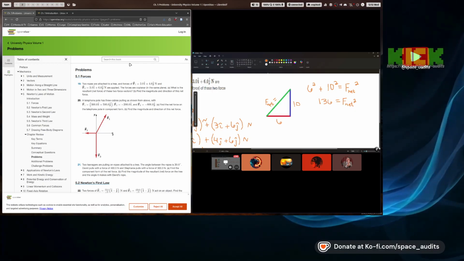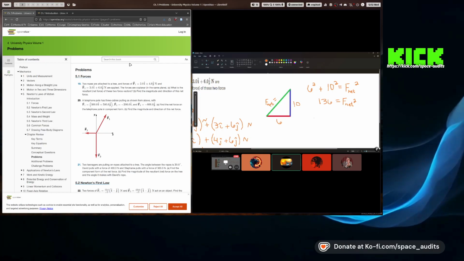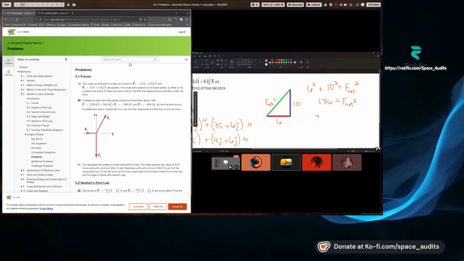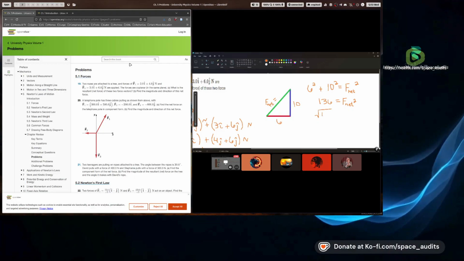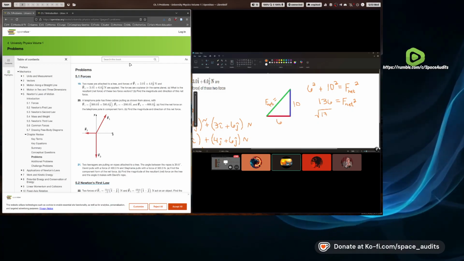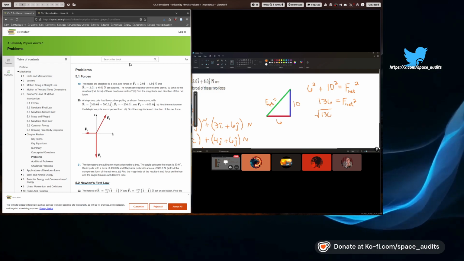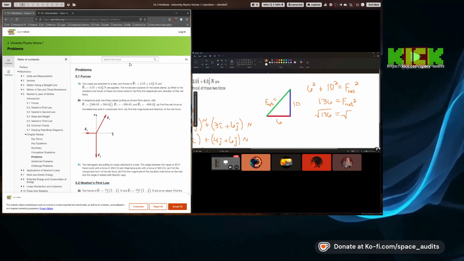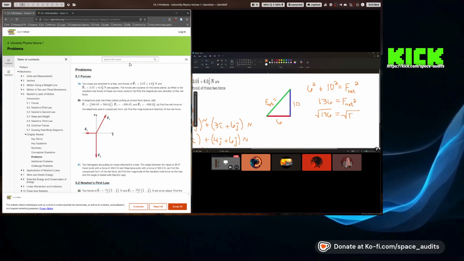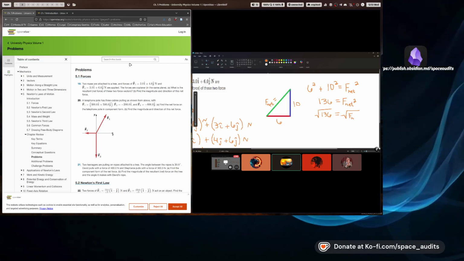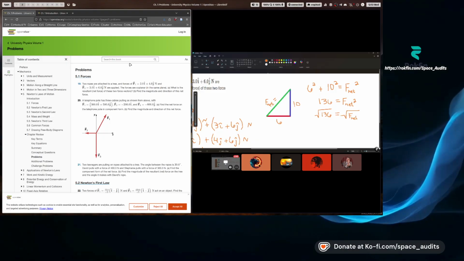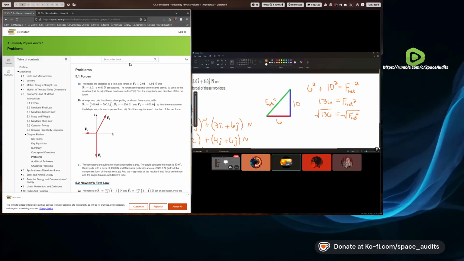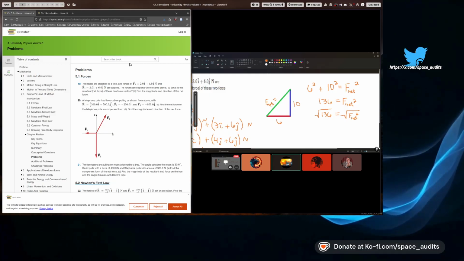It's a square root, right? So I can say the square root of 136 equals the square root of F net squared. Because the square root of anything squared is itself, right?